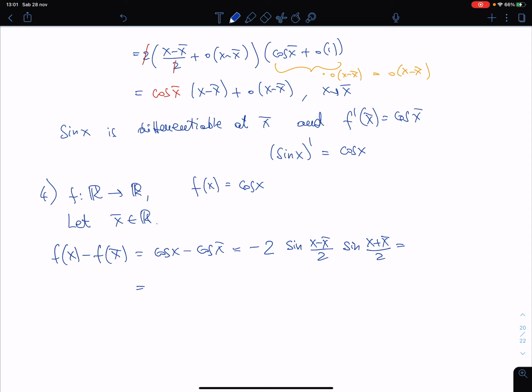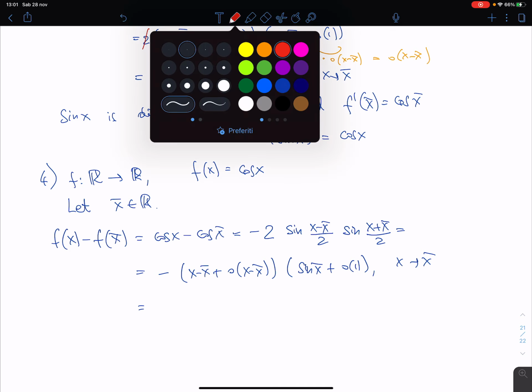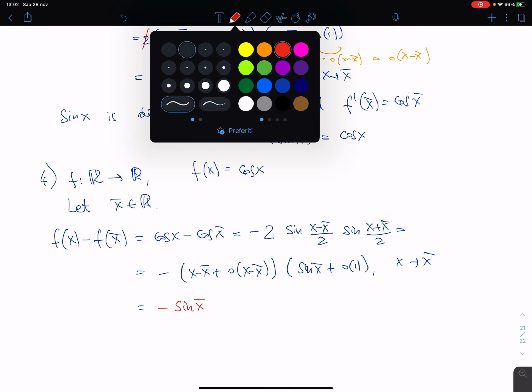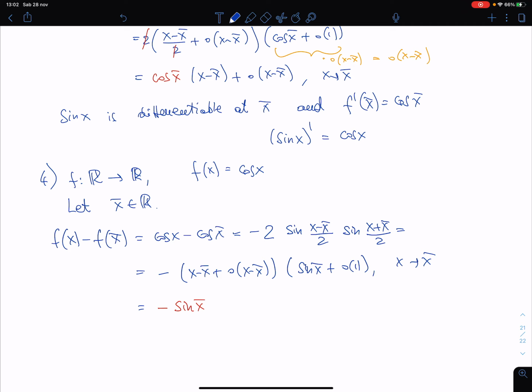This is equal to, again, minus, as before, we end up with x minus x bar plus little o of x minus x bar. And here we have sine of x bar plus little o of 1 as x goes to x bar. And this is equal to, the factor this time is minus sine of x bar times x minus x bar plus little o of x minus x bar.